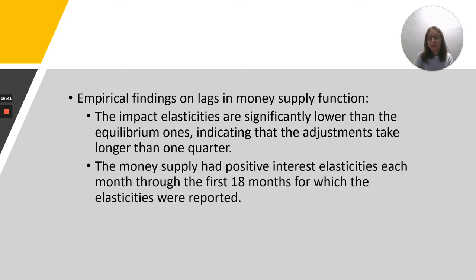The second finding says that the money supply has positive interest elasticities each month through the first 18 months for which the elasticities were reported. I'm sorry, what this says is that changes in interest rates have a positive effect on money supply, and these effects last more than 18 months.